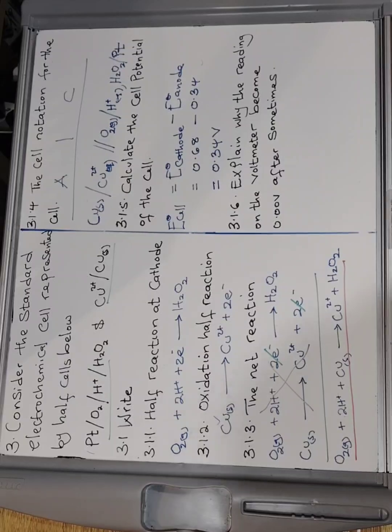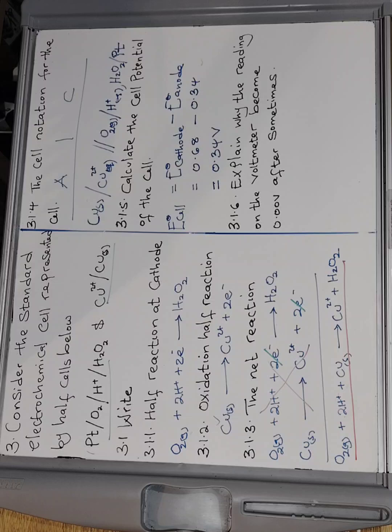Okay, after that, then comes another question. Explain why the reading on the voltmeter becomes 0 after some time. Why does it become 0? You have to know that we are dealing with a cell, and the only time when the cell is providing potential difference is when the reaction is proceeding in the forward direction.